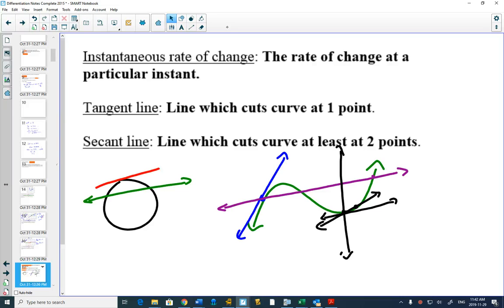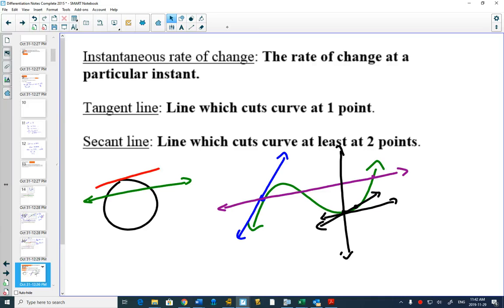And if I moved the points closer and closer together, it would get closer and closer to the tangent line, not closer to the one that's going up and down. So as we take the limit, as that distance gets smaller and smaller to 0, the limit becomes the tangent line.